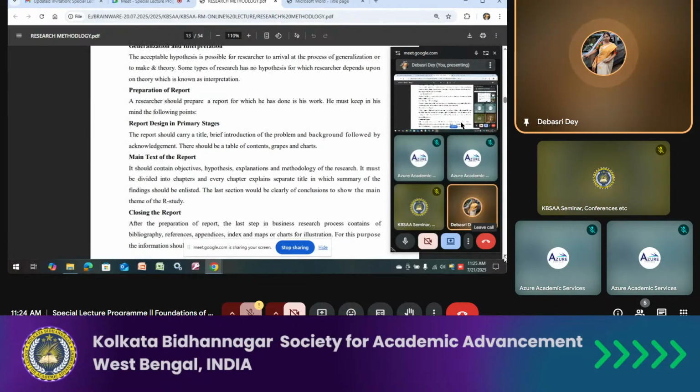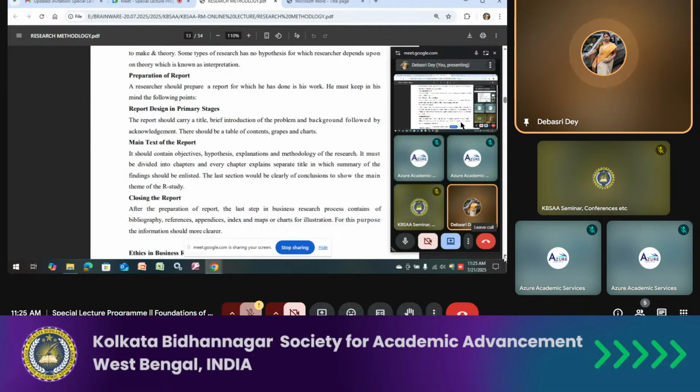So report design is the primary stage. If it is approved, go for the detailed decision and detailed report. In our research field, the primary stage is called the abstract or synopsis, and the final one is the thesis. That's the close of our report.